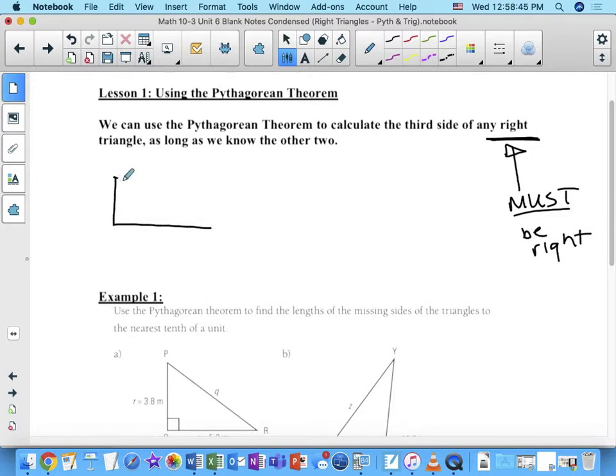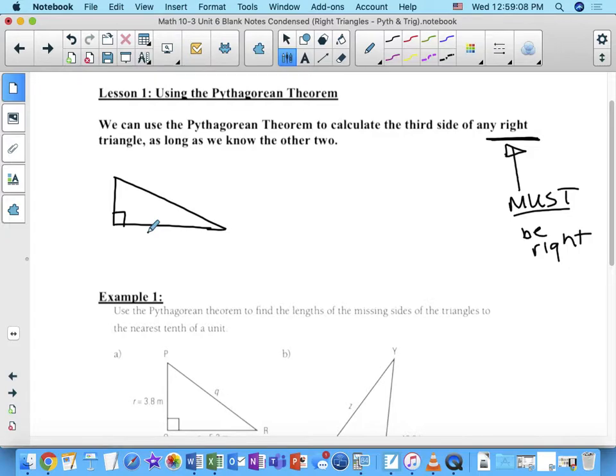So I think someone mentioned the word leg earlier. A right triangle has two legs, which are the two sides that make up the right angle, right? So this side here and this side here would be the two legs of the triangle.